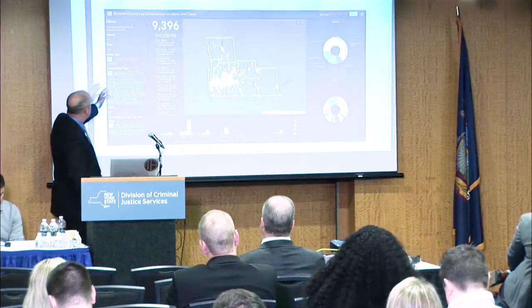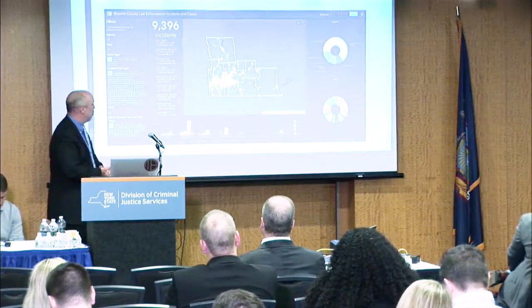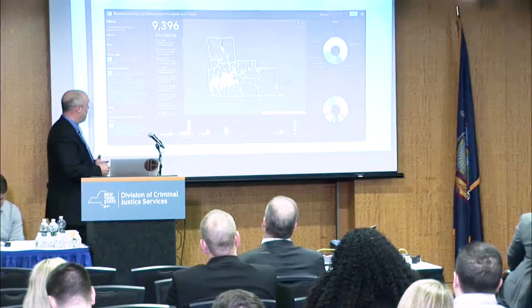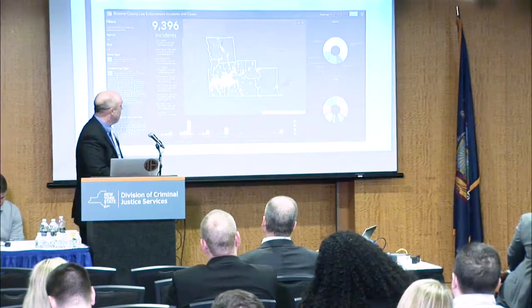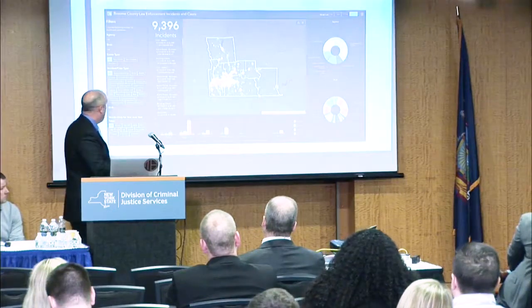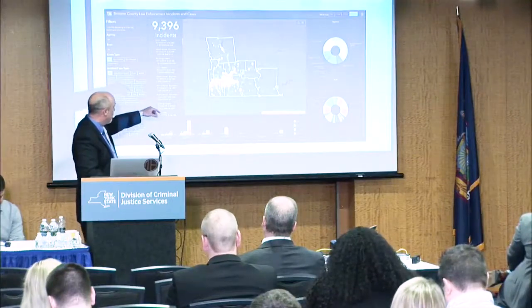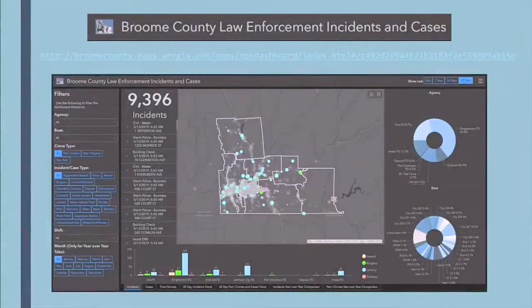And we got filters too. You can filter by the agency. So this is not just for the City of Binghamton Police, but the Sheriff's Office, Johnson City Police, Endicott, everybody that's online with our records management system. And you can filter it by beat or precinct, which are the patrol zones for each agency.